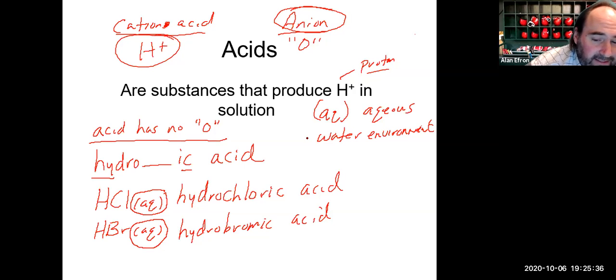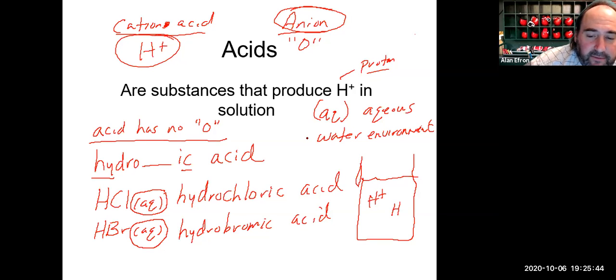An acid is, as you'll learn in 200B, probably a little bit more, basically the ability in a solution to produce all these H pluses that are just freely floating around by themselves, not really attached to anything. And that's why it is typical that you include the aqueous next to the actual formula for an acid.